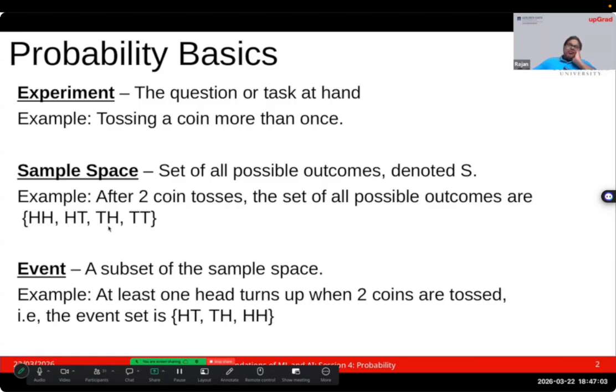When you are talking about, let us say, drawing 2 cards from a deck of 52 shuffled cards, let's say I'm looking at the event that there is a number 5. I have picked a number 5.